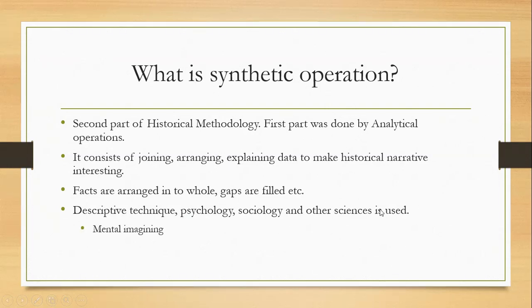For example, let's talk about Aurangzeb. You don't know the period of Aurangzeb, but when you start reading sources, you will start getting a picture of Aurangzeb, the way he dealt with Rajputs, the way he dealt with the Deccan Wars, the way he dealt with Shivaji, etc. Slowly you will build a mental imagination of all the facts related to Aurangzeb.